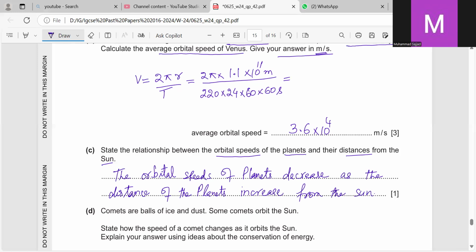So write like this: the orbital speeds of planets decrease as the distance of the planets increase from the sun.